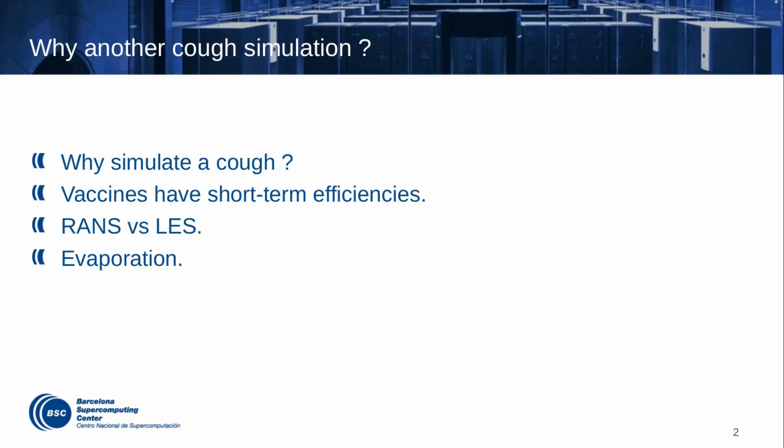While many studies apply lower fidelity models, like RANS turbulence models, for the cough, large eddy simulation, even the direct numerical simulation approach, provide greater detail, but are still limited in simulation time due to the computational cost. So here we carry out 10 minutes of cough droplets dispersion.